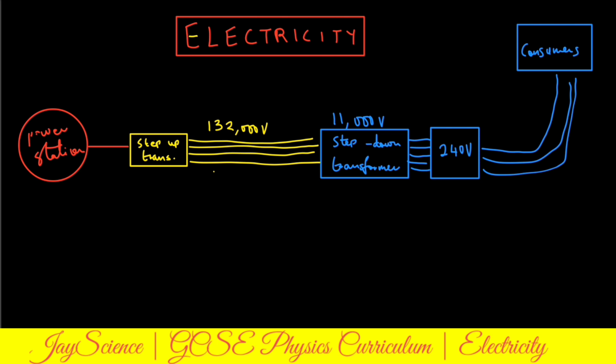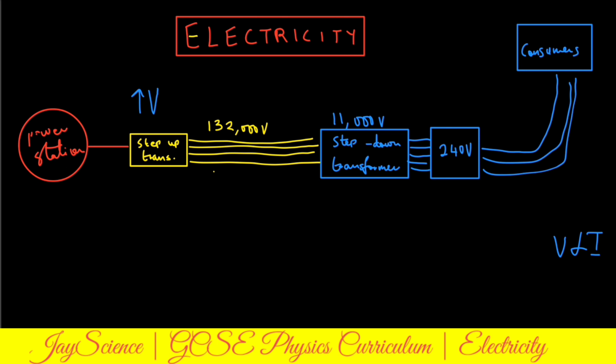Now, one thing you should know is that each of these transformers only affects the potential difference. Okay, there's a direct relationship between the potential difference and the current, but let's just focus on what happens to the potential difference so that you will not be confused. The step-up transformer will increase the potential difference from the power station and transmit that to the cables.